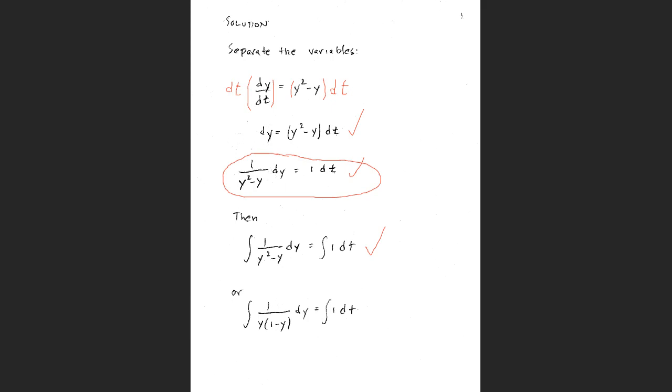And I can almost hear the left side telling me to do something with y squared minus y. Intuitively, in your math intuition, what do you want to do with y squared minus y? You want to factor it. That's right, Justin. That's right, Matthew. Good. You want to factor it.